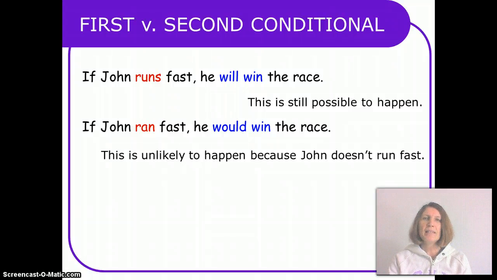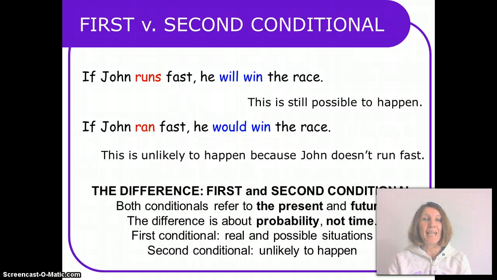John doesn't run fast, so it's impossible that he's going to win the race. This is an imaginary situation. So remember, in the first conditional, there's a possibility that something could happen in the future. But in the second conditional, it's impossible because something is missing or something is lacking. So, in the second conditional, please remember that it's something that's unlikely to happen.